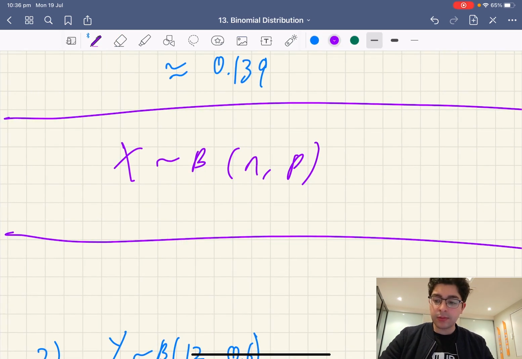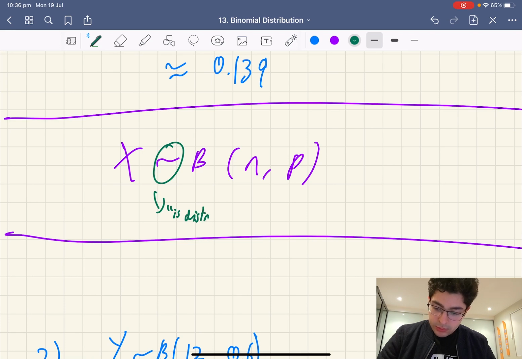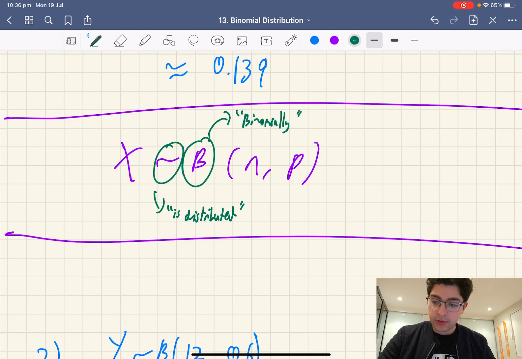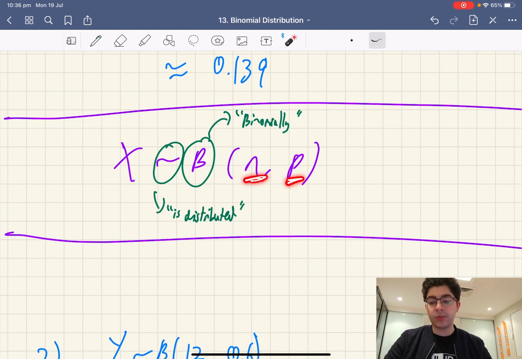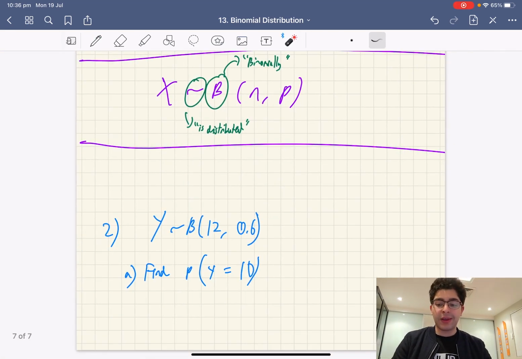So what this is saying is x, the random variable x, is distributed binomially, B for binomial, and then n and then p. Pretty self-explanatory for n and p. So this is basically saying y is distributed binomially, and we have 12 attempts, which is n, and then 0.6 for the p.